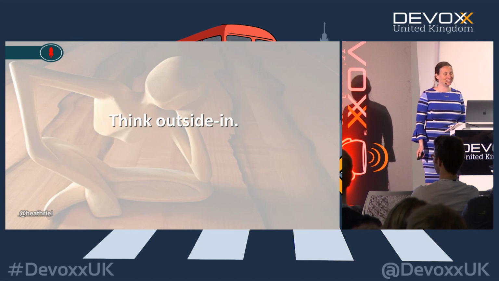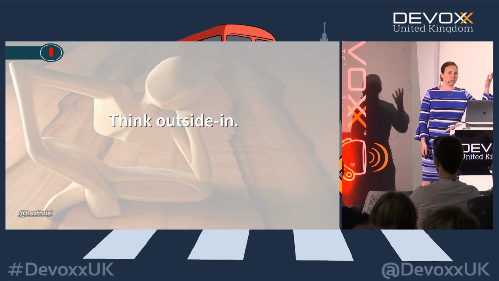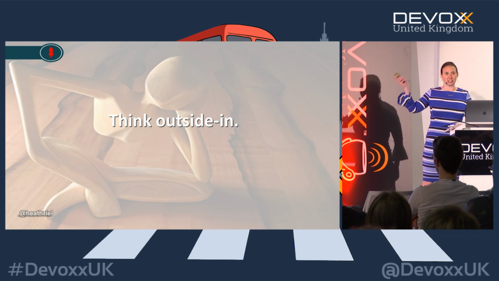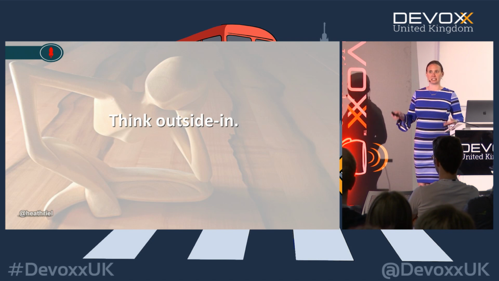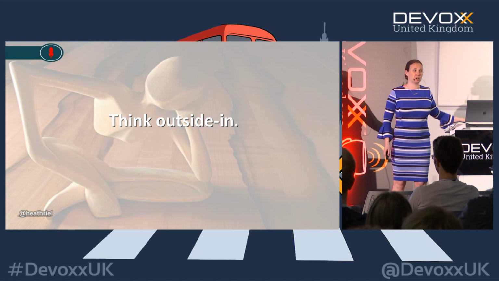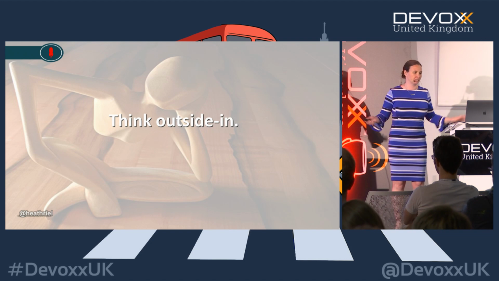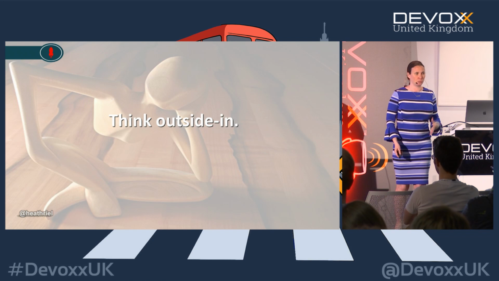So what you need to do is think outside in. I mean, first you were thinking inside out, right? But now you've got to think outside in. So start thinking as the customer. Make sure that it makes sense to people that don't know anything about you or your app or what you tried to design, because users are not stupid.